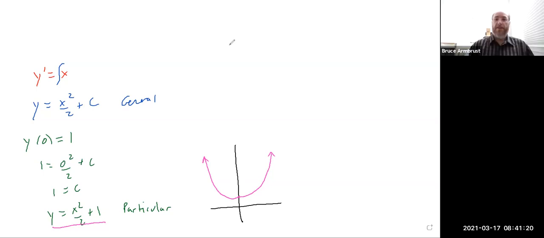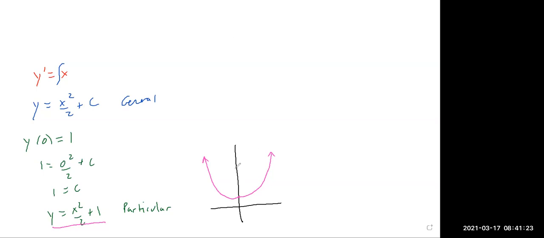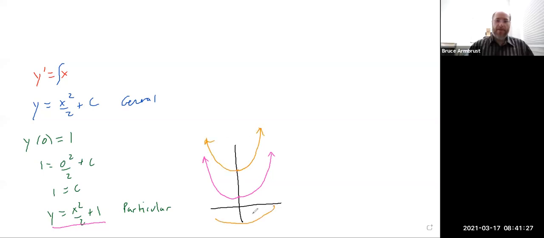It either shifts it up or down. So we might have this one, or this one, or this one. The only difference between our particular and general solution is where this graph is located. And when we have an initial condition, it basically just tells us which of all these very many graphs we are on.